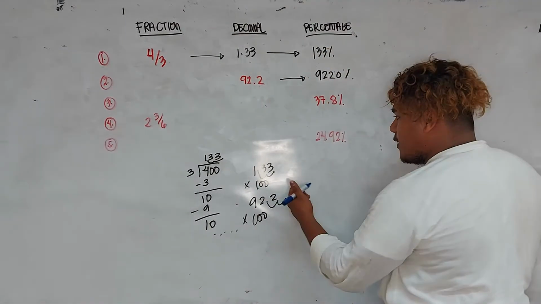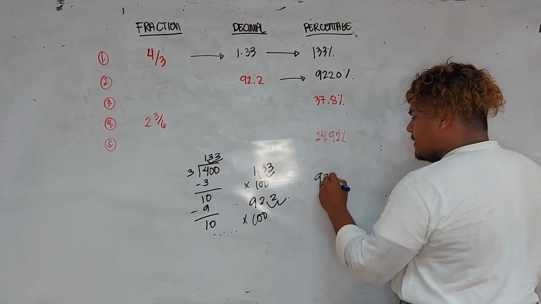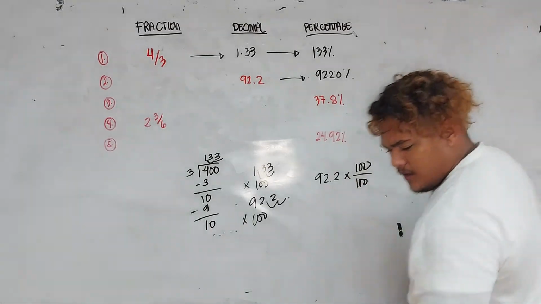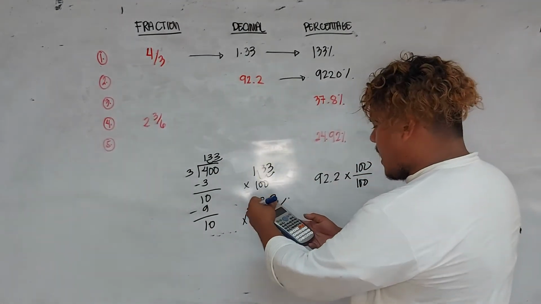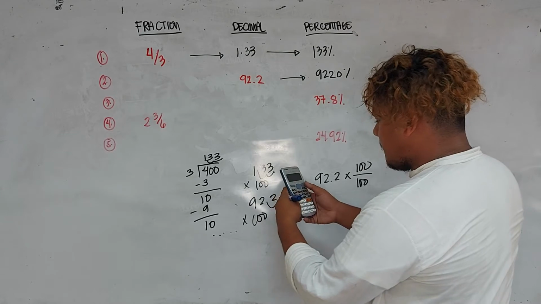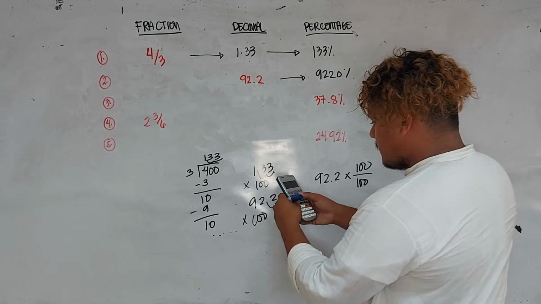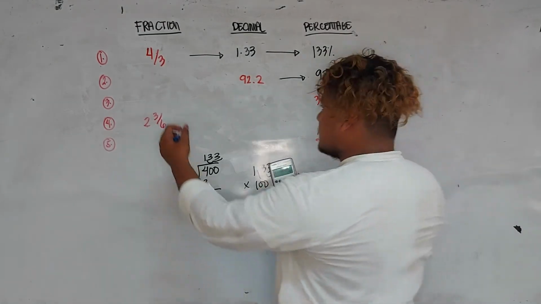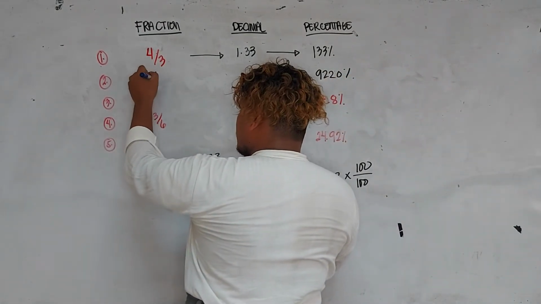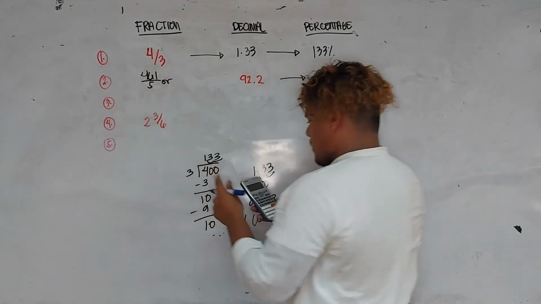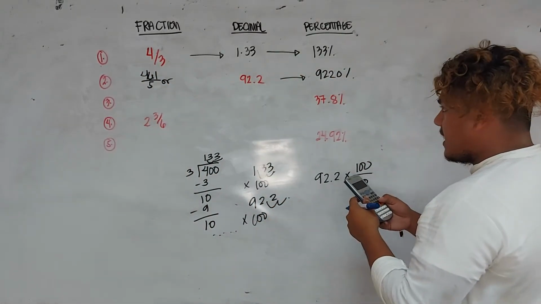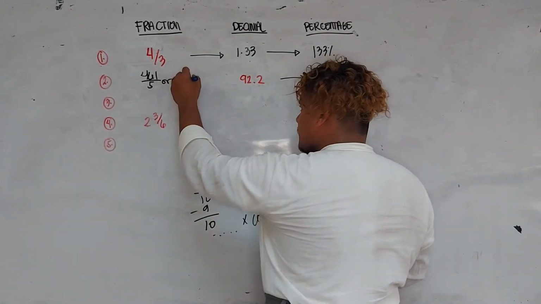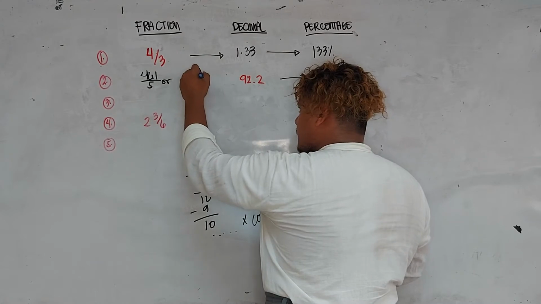Well, in my case, I only multiply 92.2 times 100 over 100. If you calculate that, it becomes 461 over 5, or 92 and 1/5.